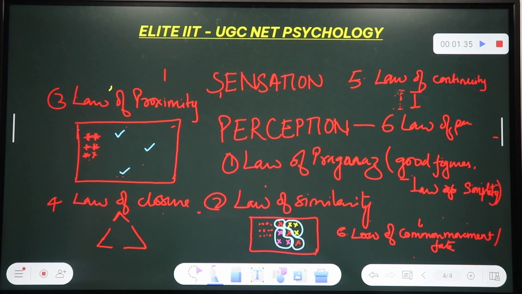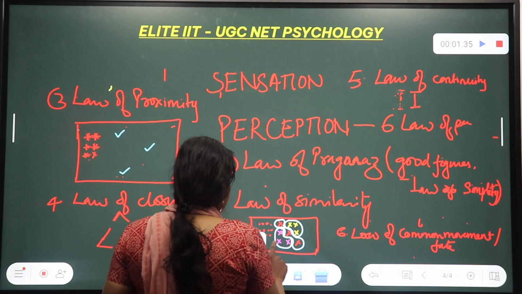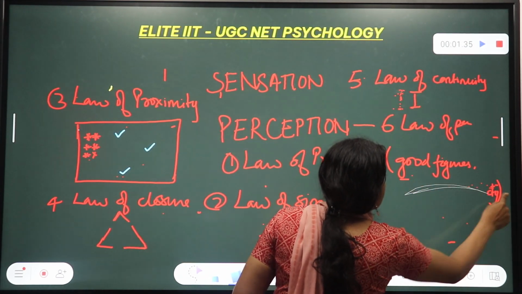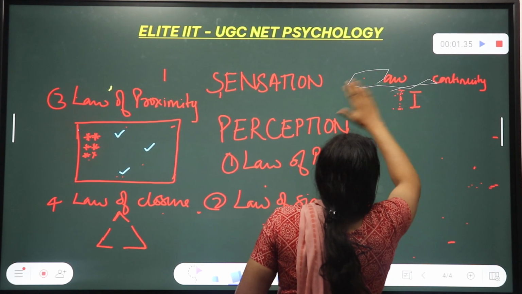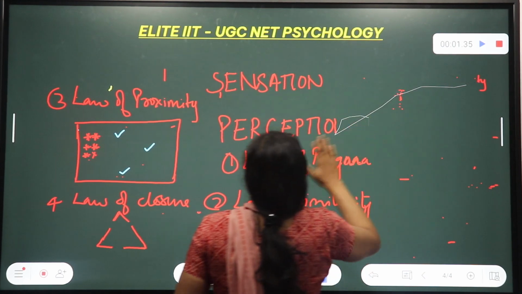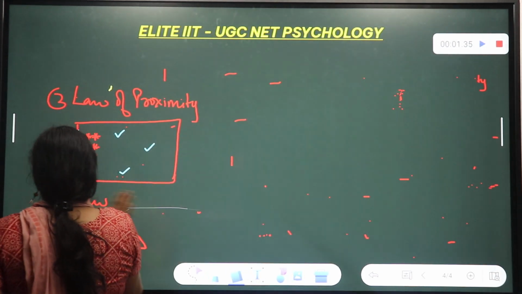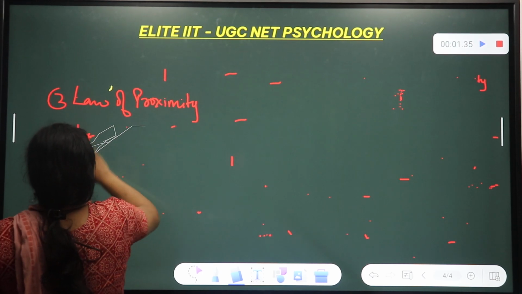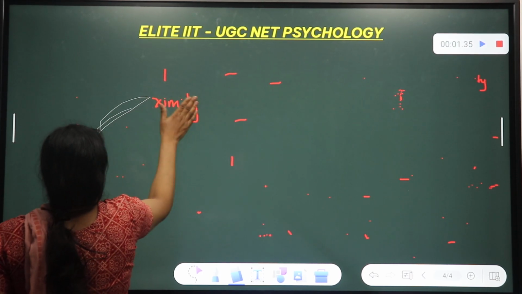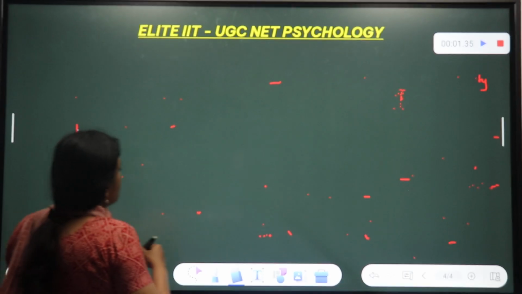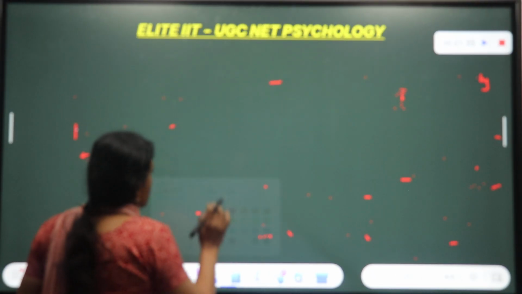So, we will have 3 consistencies which we see: brightness consistency, shape consistency and size consistency.